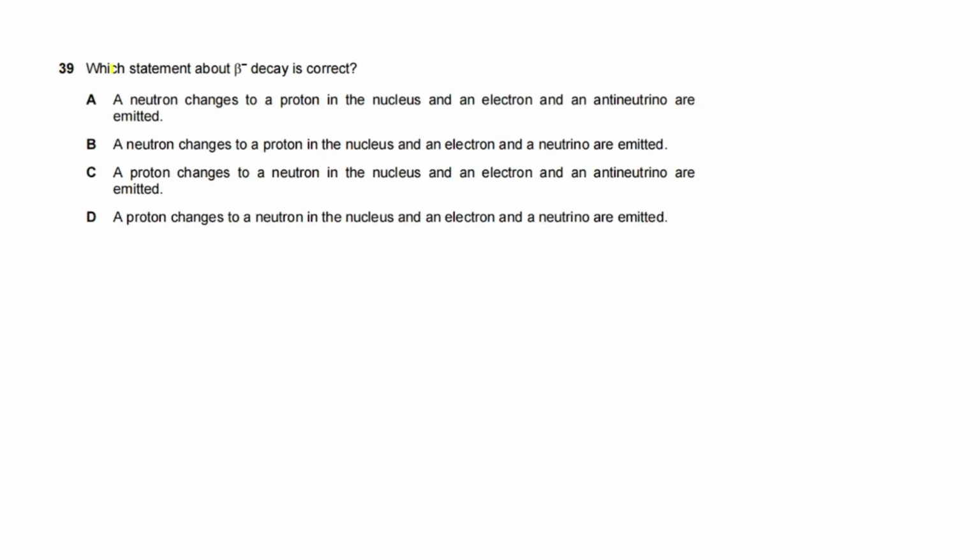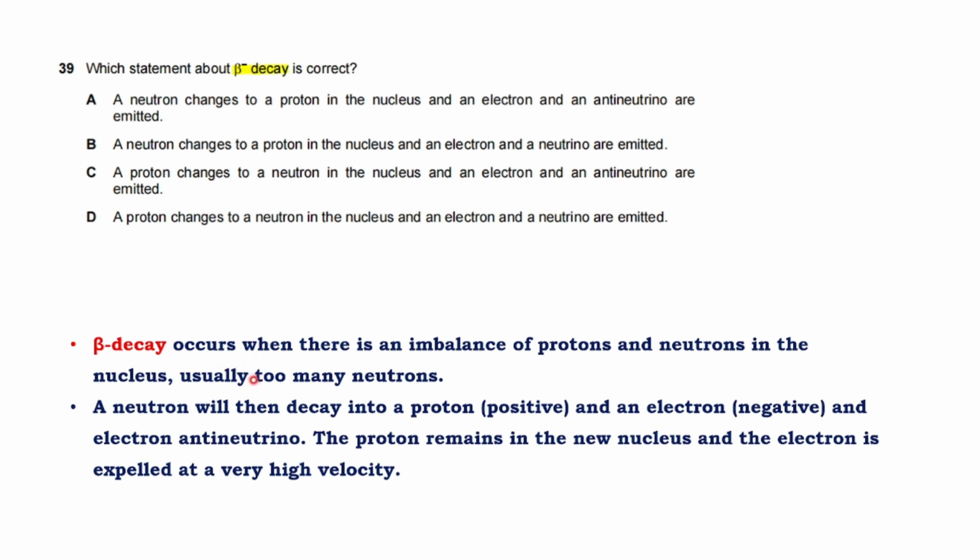Question number 39. Which statement about beta minus decay is correct? Here it is asked which particle is changed to give this beta particle. Beta decay occurs when there is an imbalance of protons and neutrons in the nucleus, usually too many neutrons.